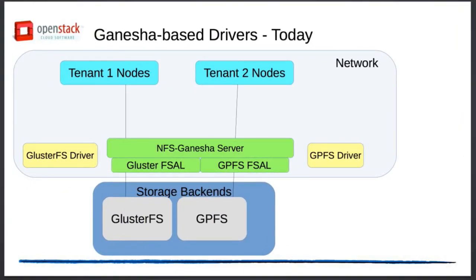The Manila drivers are out of the data path. They're just there for orchestrating the creation of resources and managing access to those resources, so we're showing them on the side here. We show the NFS Ganesha server and the Gluster and GPFS FSALs, as well as the Gluster and GPFS Manila drivers.